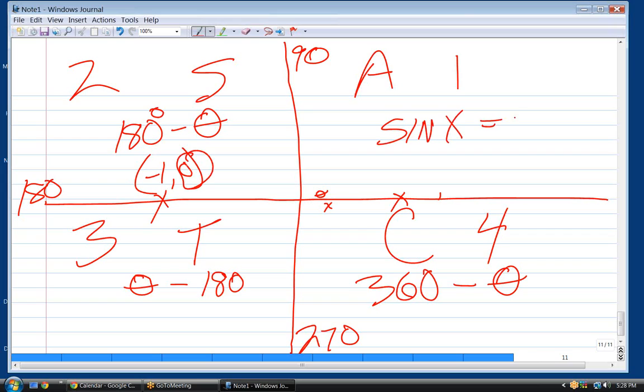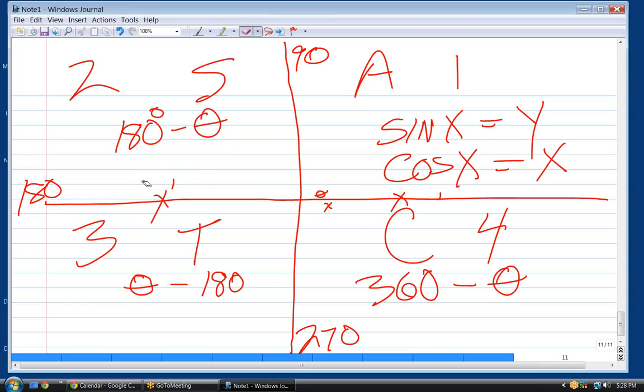The sine of x is equal to y. The cosine of x is equal to the x coordinate. So it would be 0. Let's go down and look at 270. Well, what are the coordinates on that? 0, negative 1. So what's the sine of 270? Negative 1. What's the cosine of 270? 0. That's the way you do the quadrangles.